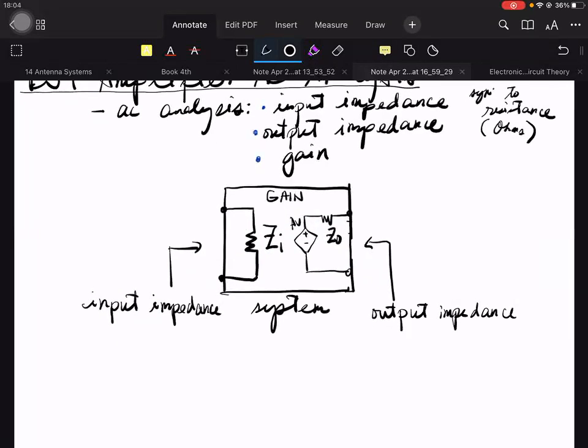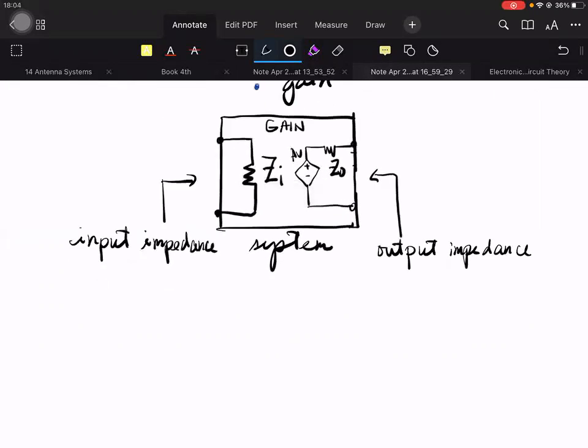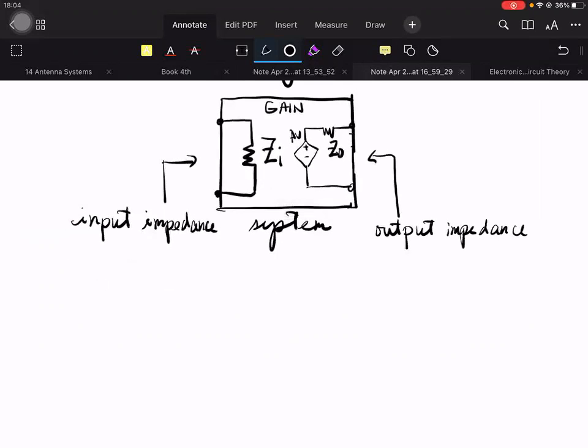These three are one of the most important parameters that we should know, the impedances and the gain. So for actual systems, these are already given in the specification sheets.